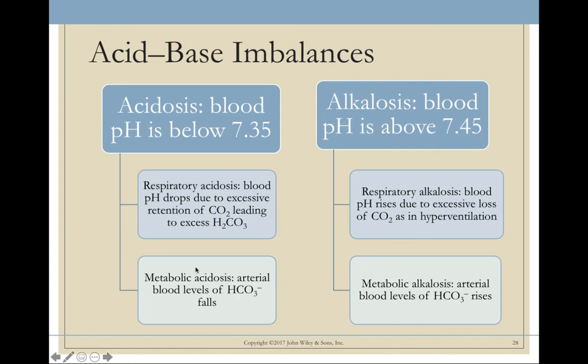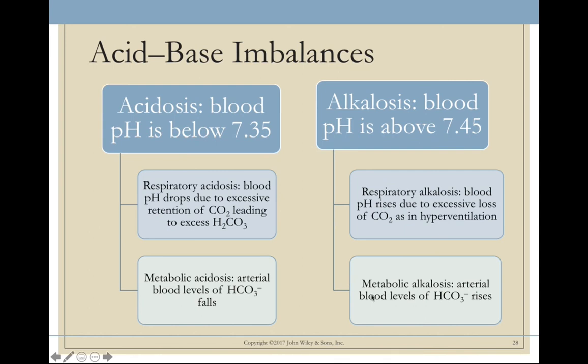On the other hand, metabolic acidosis and metabolic alkalosis are directly linked to our bicarbonate ions. If the amount of bicarbonate in our blood decreases, that leaves less bicarbonate present to bind to those hydrogen ions. That leaves more hydrogen ions in the blood, and therefore we've got metabolic acidosis. While over here, if bicarbonate concentrations go up too much, that can lead to metabolic alkalosis.